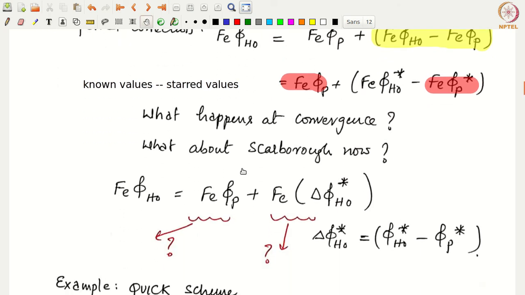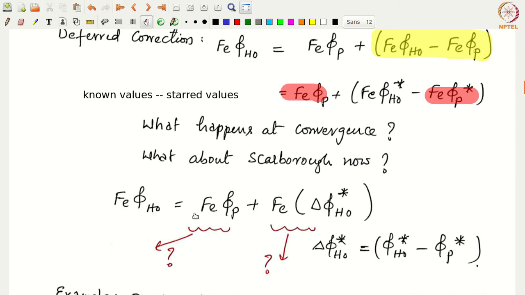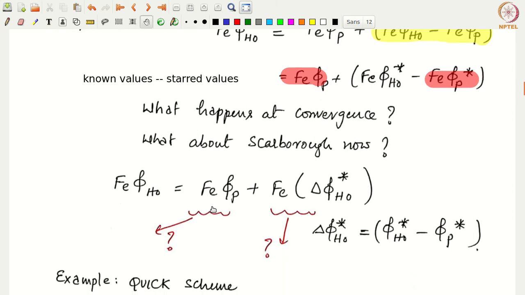If we write it like this, F_e Phi HO equals F_e Phi P plus F_e times Phi HO star minus Phi P star, as some delta Phi HO star, some difference between the higher order value and the Phi P value, essentially the upwind value, then where will these coefficients go? This coefficient will go into your AP, and where will this term go? Because these are star values, they will not go into AW, AE and so on, they will go into the B term.